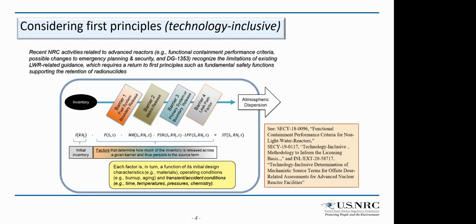So things like the use of mechanistic source term, and that in turn would allow for the consideration of functional containment. Those issues ultimately were not really put to bed until the 2018, 2019 time frame. And then it also included making sure the Commission was comfortable with risk-informed approaches.